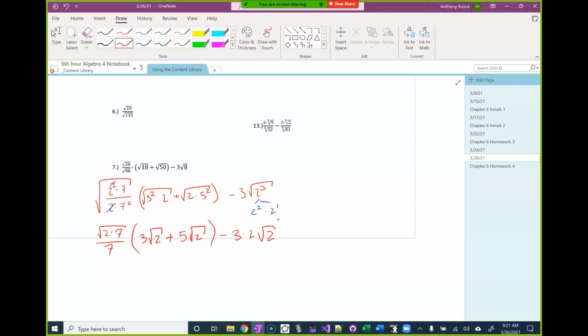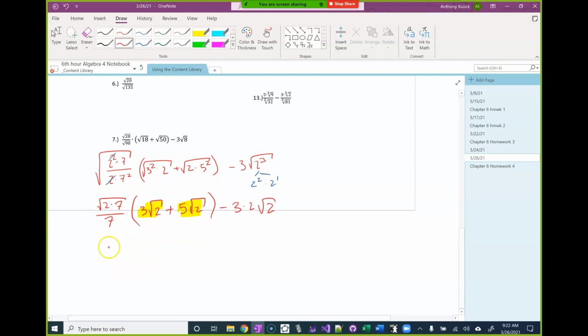So I have something like that. Does that feel okay so far? Now the 3 square root 2 and 5 square root 2 are like radicals, so I can add those together. So I'm just going to think about that as 8 square root 2.